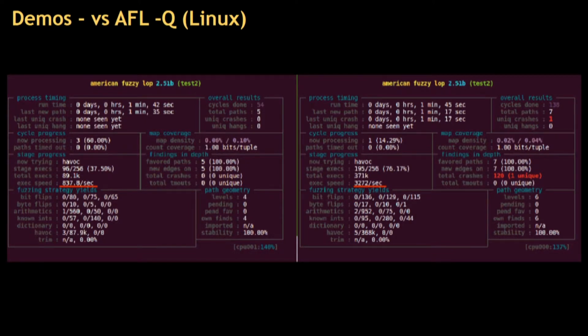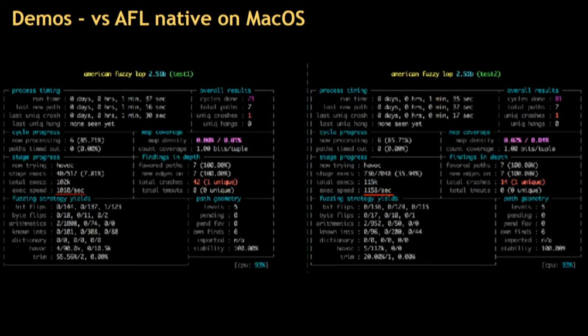You can see that the speed is like 800 something, 837 tests per second. On the right side, we run Darko using our own instrumentation, the same binaries, exactly the same binaries. And the speed is like 3272, which is like 4 times faster than emulation mode of AFL. So you see that it put us building our own fuzzer using our own instrumentation.